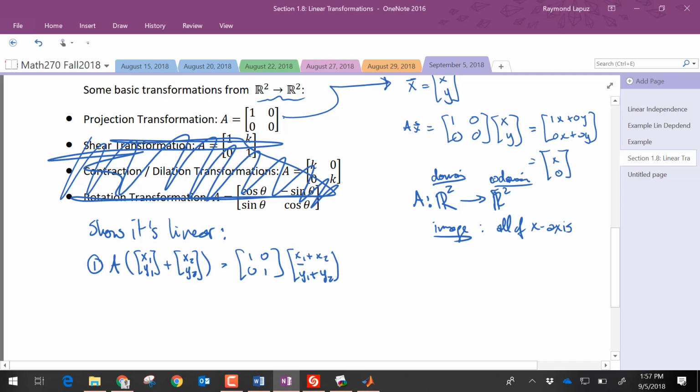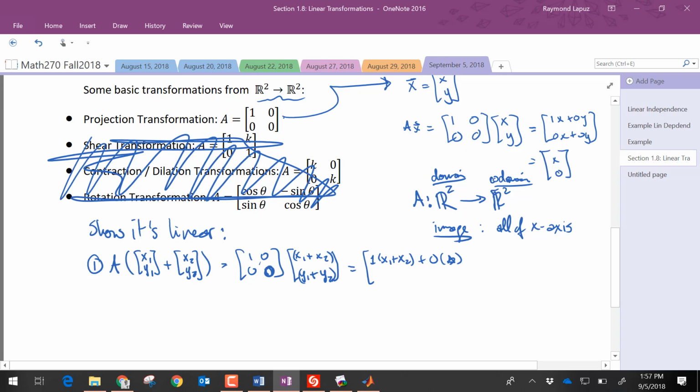Each of these are just scalars. So let's apply it to the matrix. Wait, sorry, this is 0. All right, let's apply it to the matrix. The first one is going to be 1 times x1 plus x2 plus 0 times y1 plus y2.